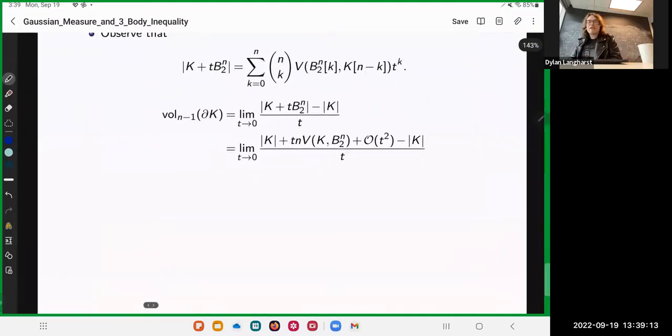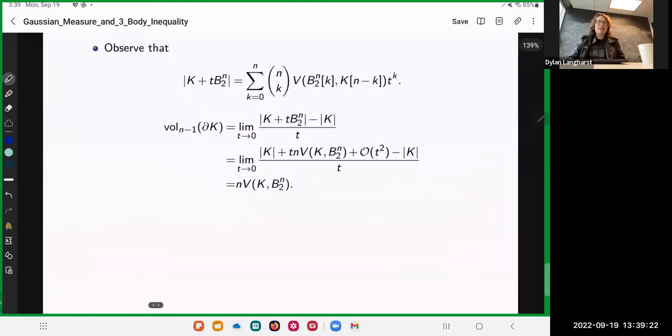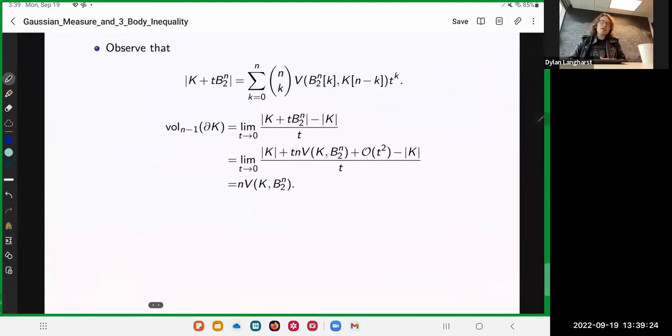If I insert the Steiner polynomial, these are the higher order terms, but they'll go away in the limit as t goes to 0. I just get that the volume of the boundary of K is just a multiple of the mixed volume of K with the unit ball.